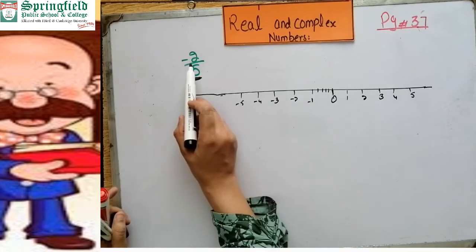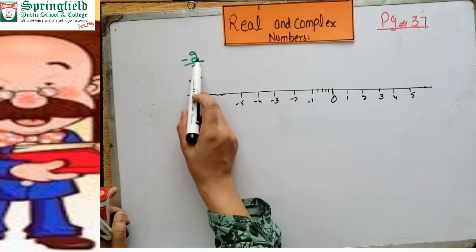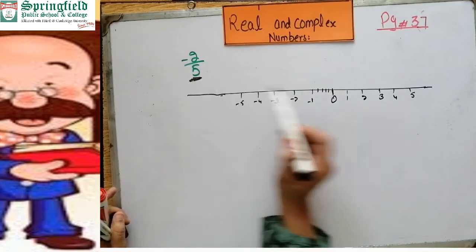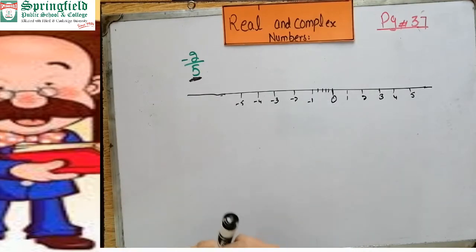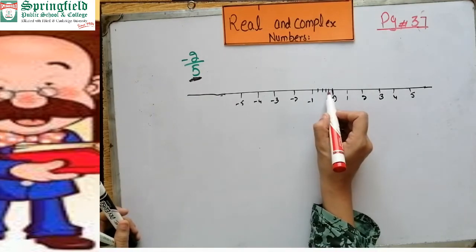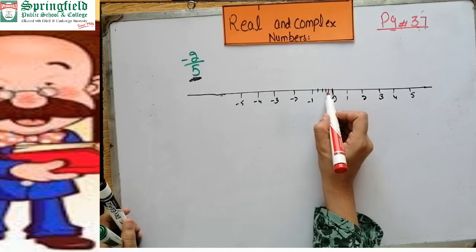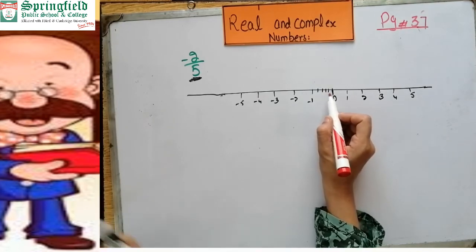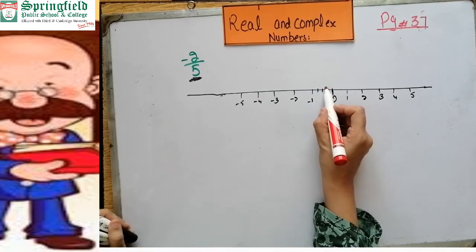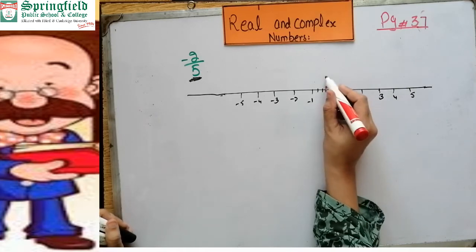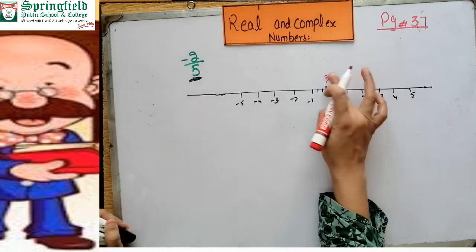They are saying minus 2 by 5, so we check the numerator 2. We will mark 1 and 2. It means minus 2.5 will come here.